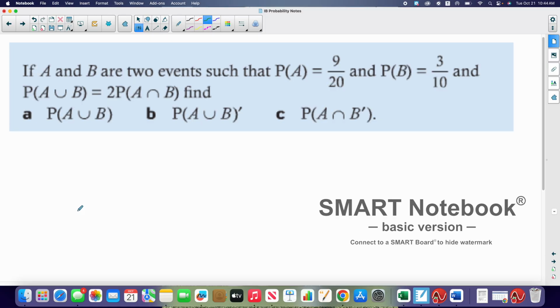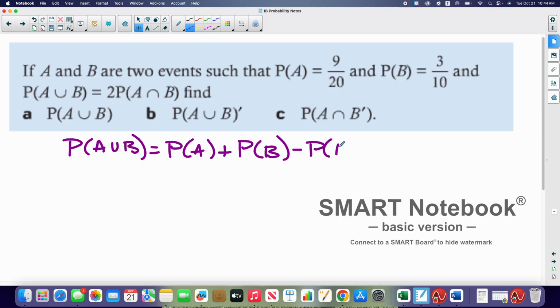So I have probability of A, I have probability of B. They gave me both of those. Then they mentioned probability of A union B and probability of A and B. Because of the nature of this, I probably would use this formula right here. This is the same formula that we've been discussing, so I'm going to use that formula.